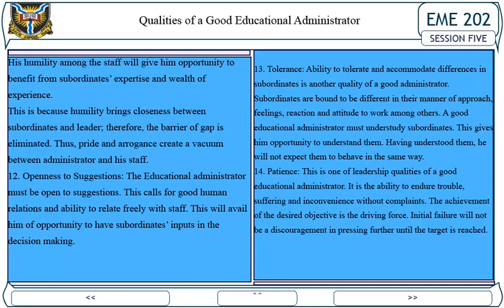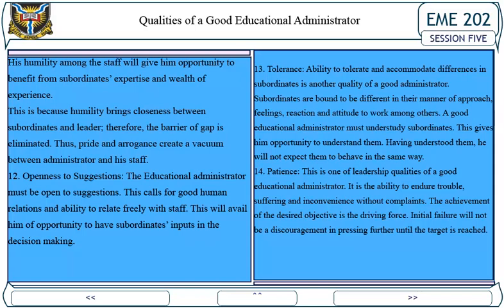Self-confidence is another quality of a good educational administrator. As a leader, the administrator should believe in himself. He has to live up to his word at all times. He should not betray confidence reposed in him.